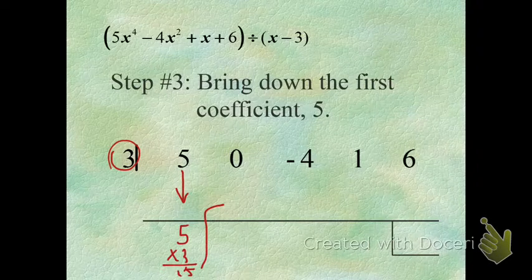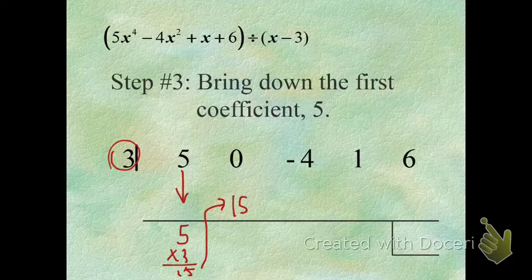Take that 15 and bring it above the line, below the 0. And then you're going to add. 0 plus 15 is 15, so 15 goes below the line.